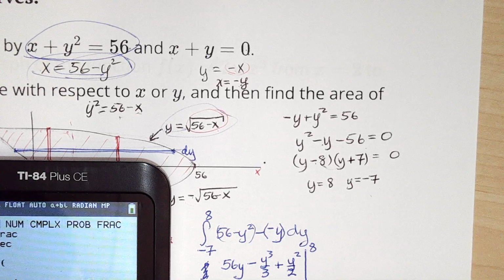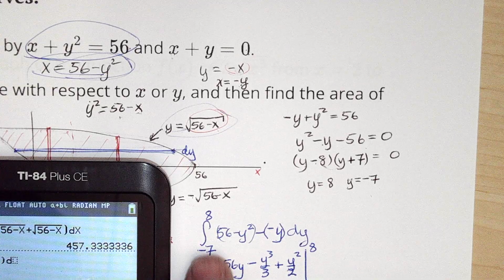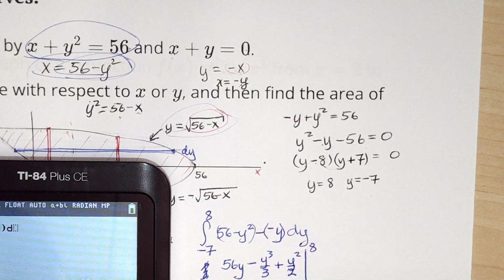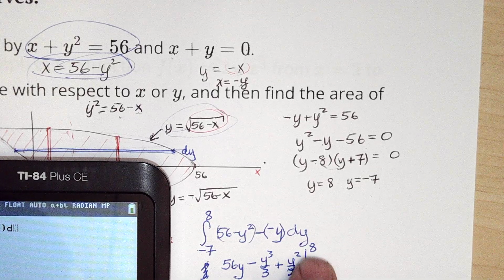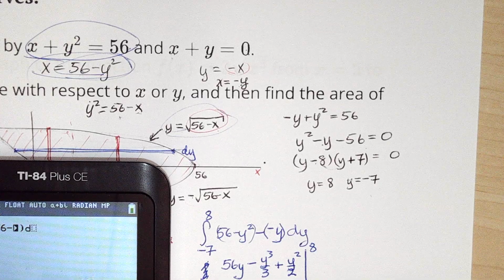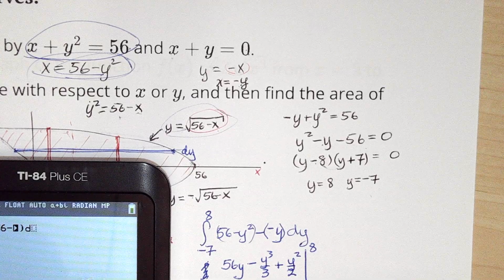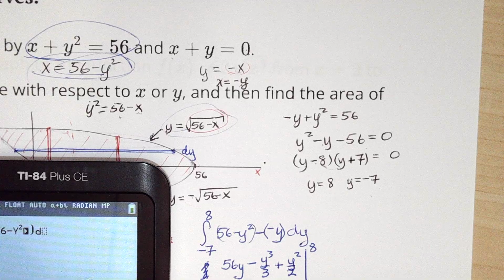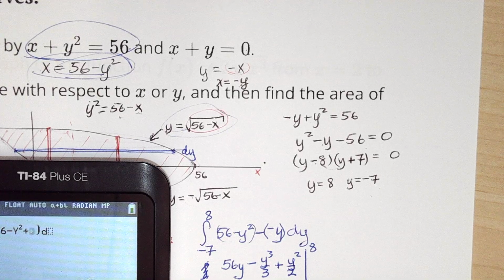If I go to math and number 9, I could go from negative 7 to 8 of 56 minus y squared plus y, and now I'm telling it my variable is y.